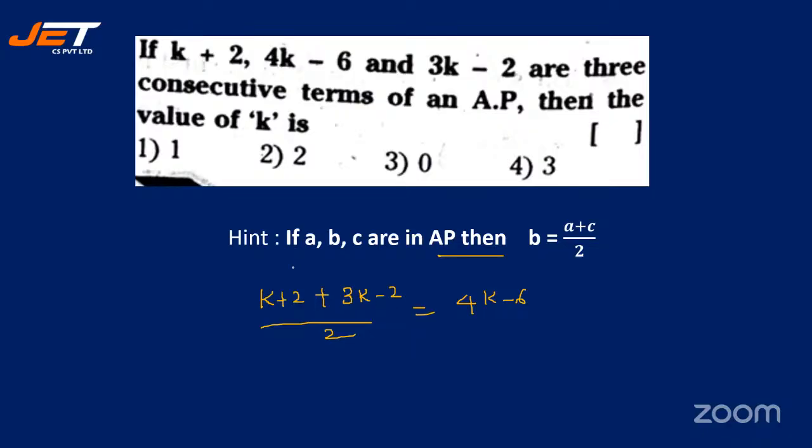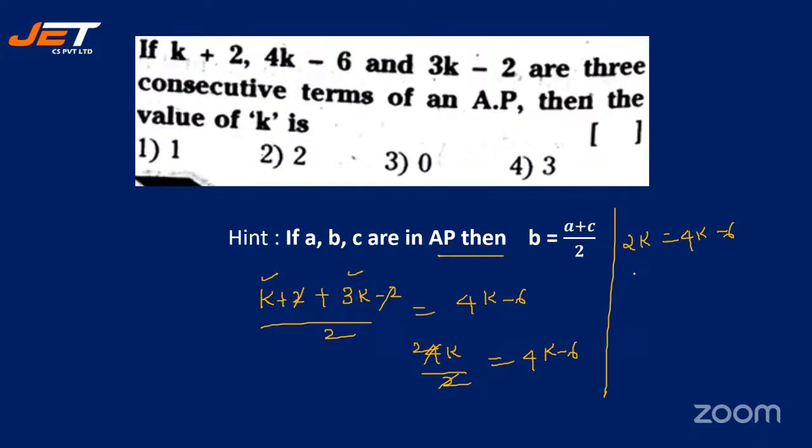All right. So let's solve this. 3 plus 1, 4k. Minus 2 gets cancelled. By 2 is equal to 4k minus 6. So 2, 2, right? So you will get 2k equal to 4k minus 6. Bring the 4k here, it becomes minus 4.